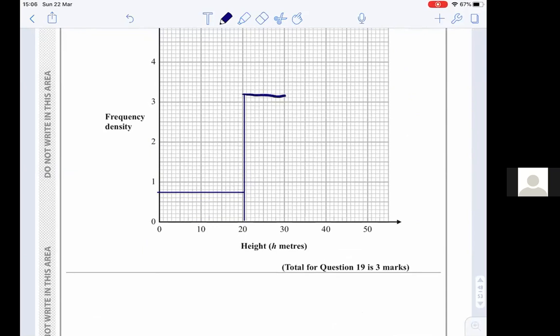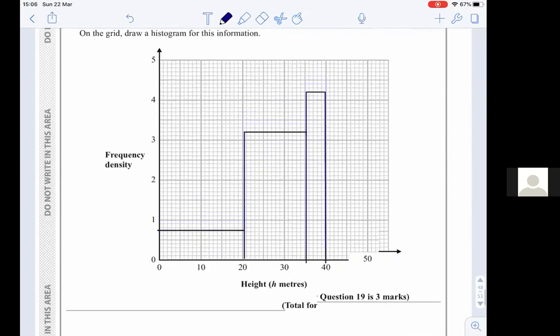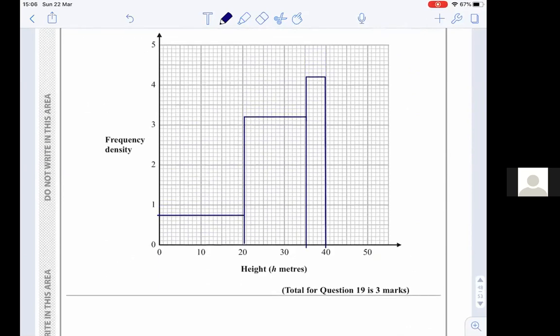Okay, that's going up to 35. Then over to 40, we're going up to 4.2. And then we're going up to 1.6 for the last 10.